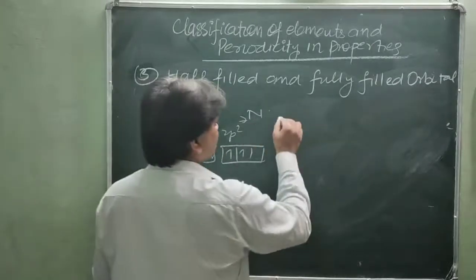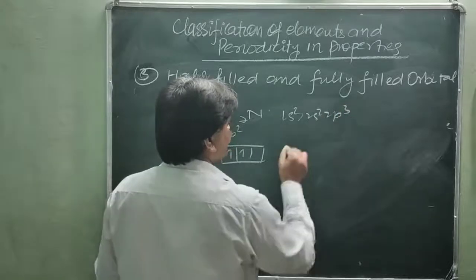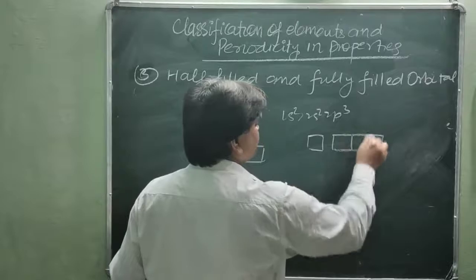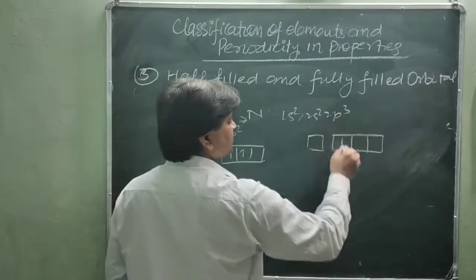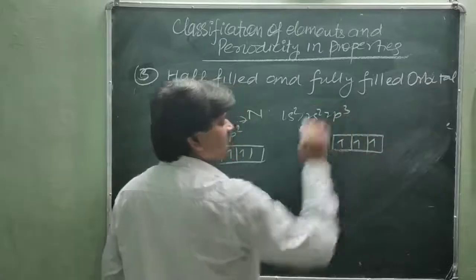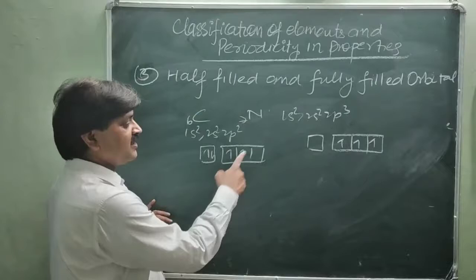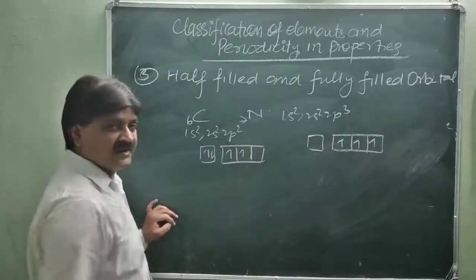And in the case of nitrogen, 1s2, 2s2, 2p3. So this is 2s and this is 2p, and p has 3 orbitals. In nitrogen, there are 3 electrons in the p subshell, so it is completely half filled. However, in the case of carbon, it is neither completely half filled nor fully filled. One orbital is empty and can accept an electron.